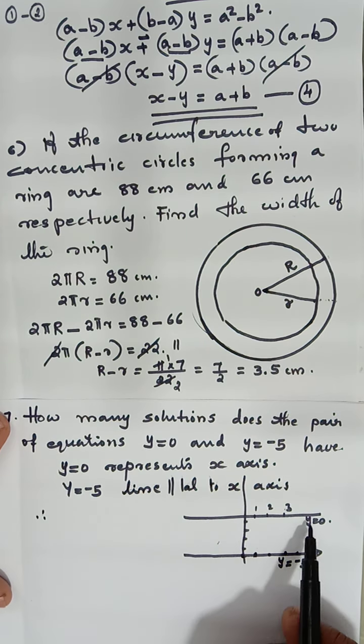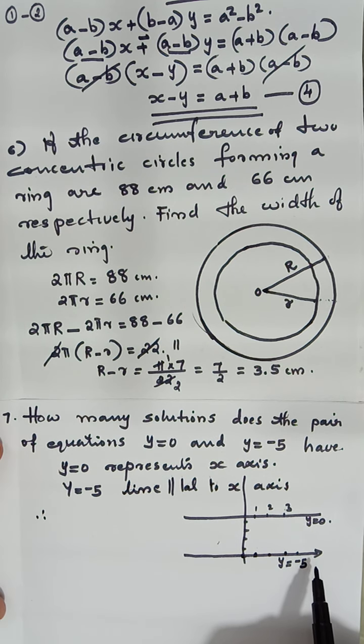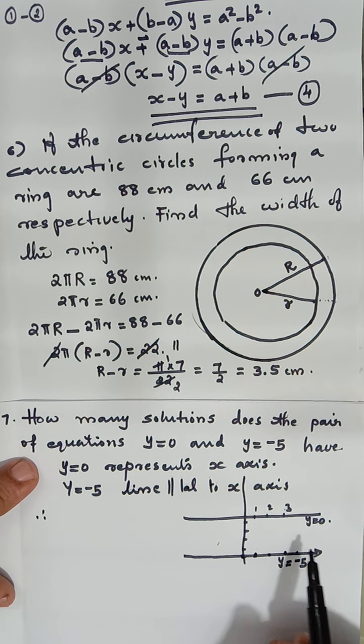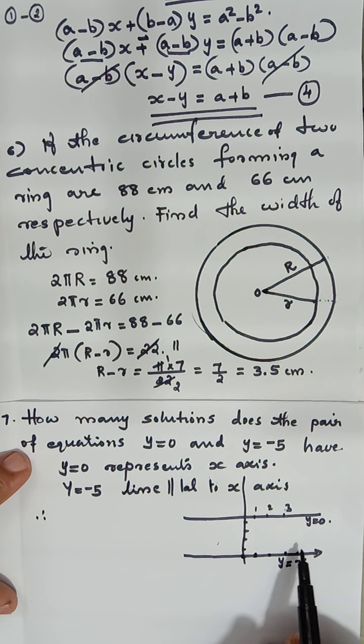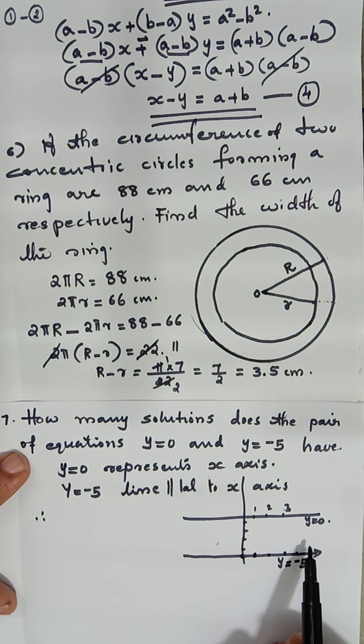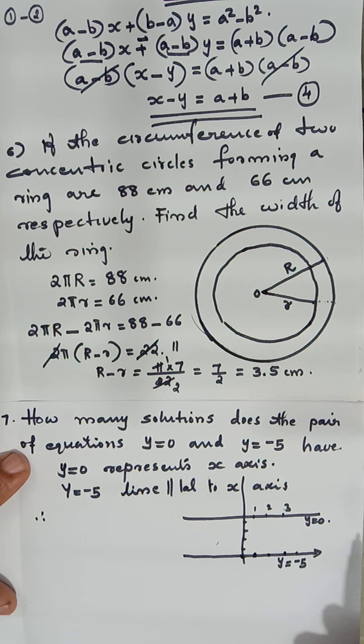Therefore, since they do not touch each other, or since they do not intersect, there is no common point, and we can say that there is no solution. If two lines intersect each other, that intersecting point is called the solution. Here we don't have a solution because these two lines do not intersect, they are parallel to each other.